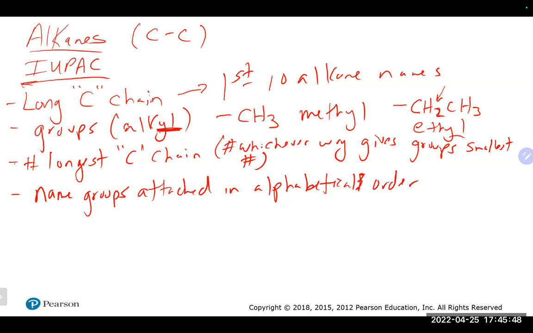Even if you have a big number, that is how you put the groups together first, in alphabetical order. And also regardless of a prefix. So if you had a couple of methyl groups, a dimethyl, you would still look at the M in terms of alphabetical and not the D for the prefix.